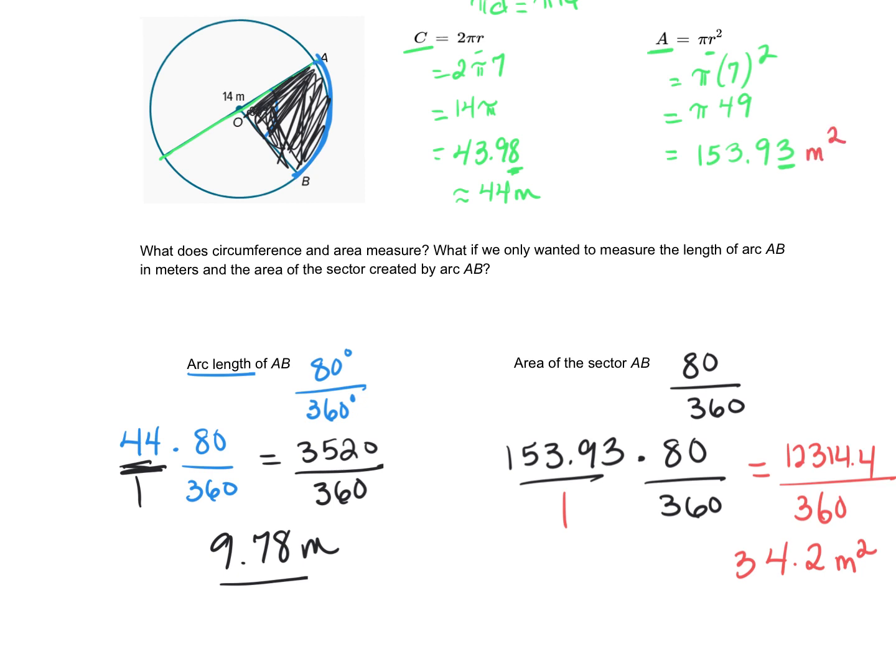So sector AB, which represents 80 degrees of the total 360 degrees, is equal to 34.2 meters squared of the total 153.93 meters squared.